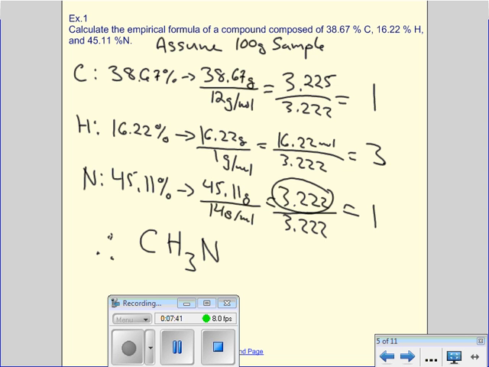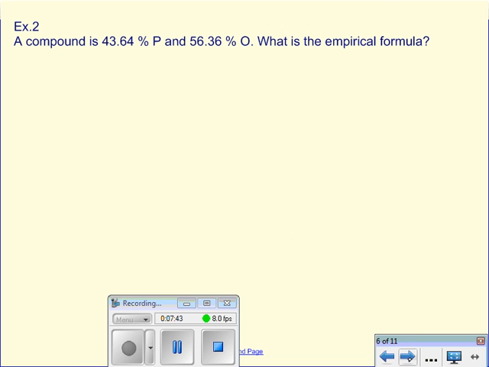Let's just try one more. If I have a compound that's 43.64% phosphorus and 56.36% oxygen, what is going to be my empirical formula? So I'm going to first assume 100 grams.